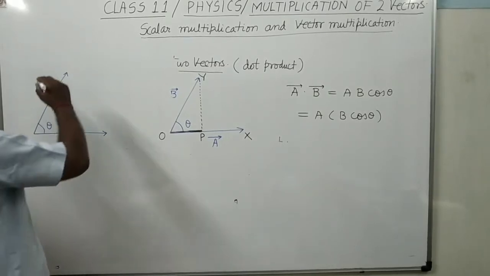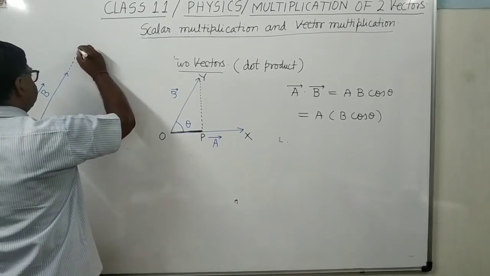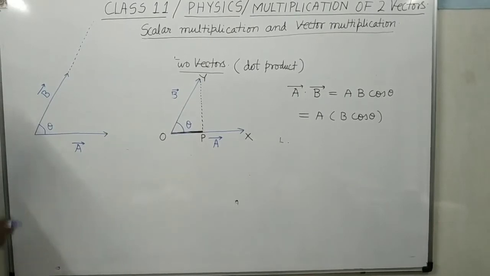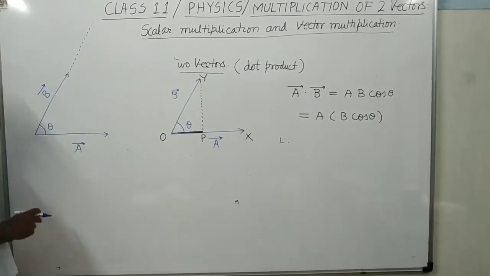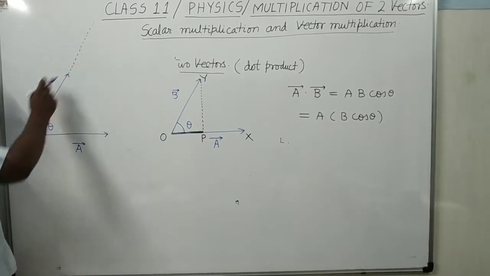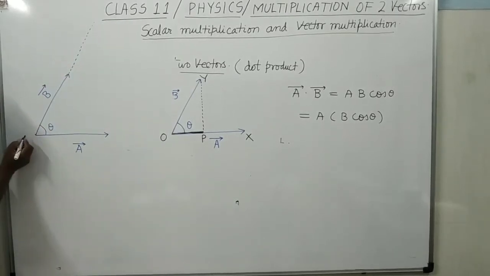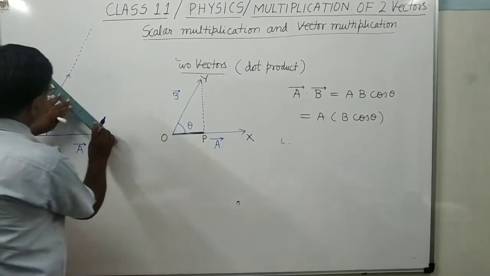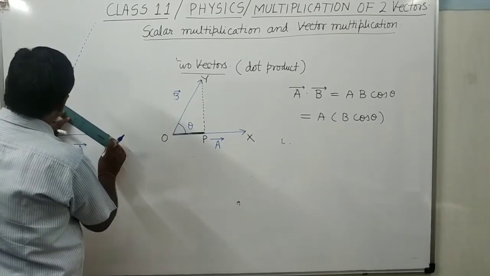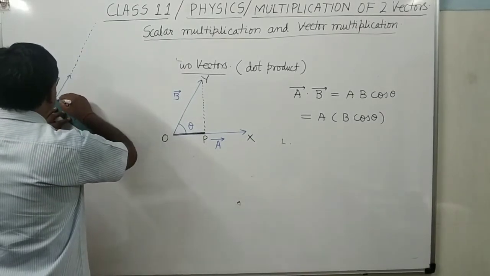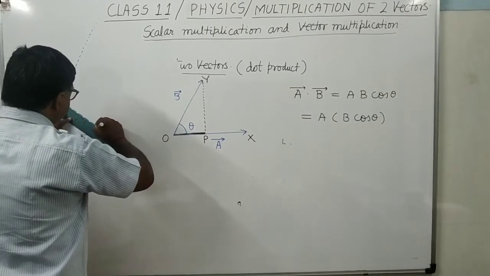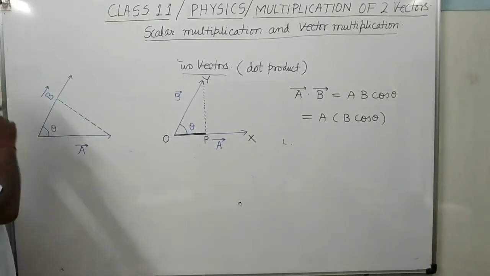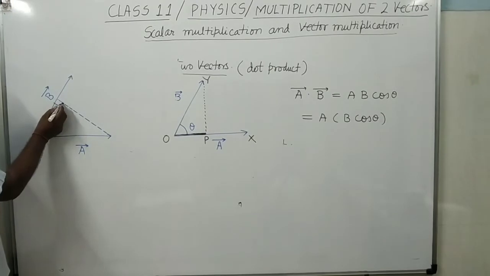Since you are finding the component of vector A, from the initial and final points of vector A you draw the perpendicular onto vector B. This perpendicular will fall here only, not in the exterior part. I was thinking that it would lie in the exterior part.